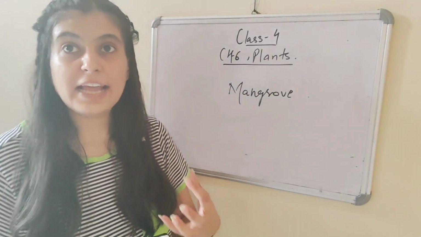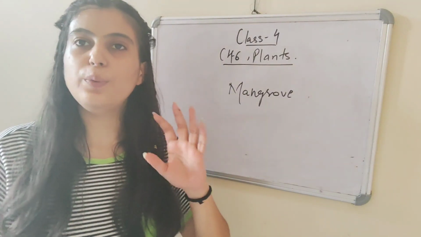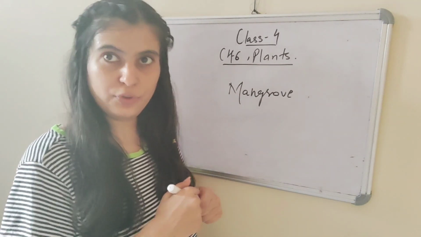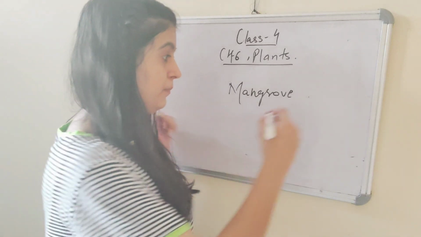Their crown is like feathers so that the wind can pass through them. For example, the coconut tree.